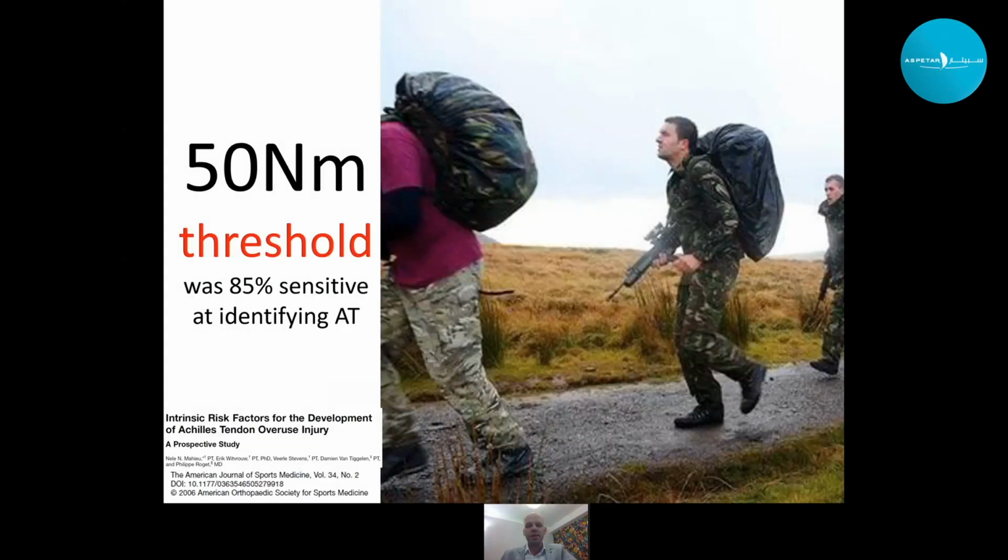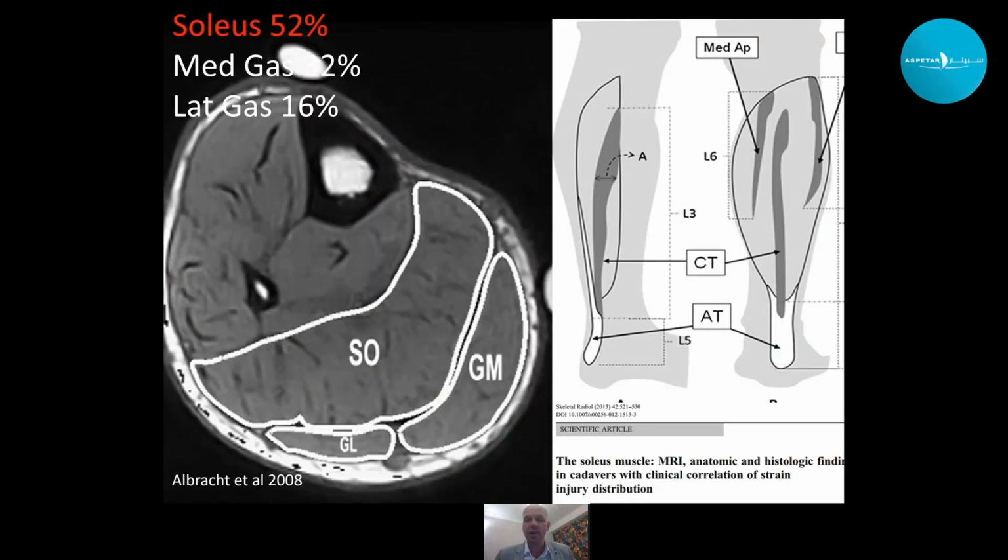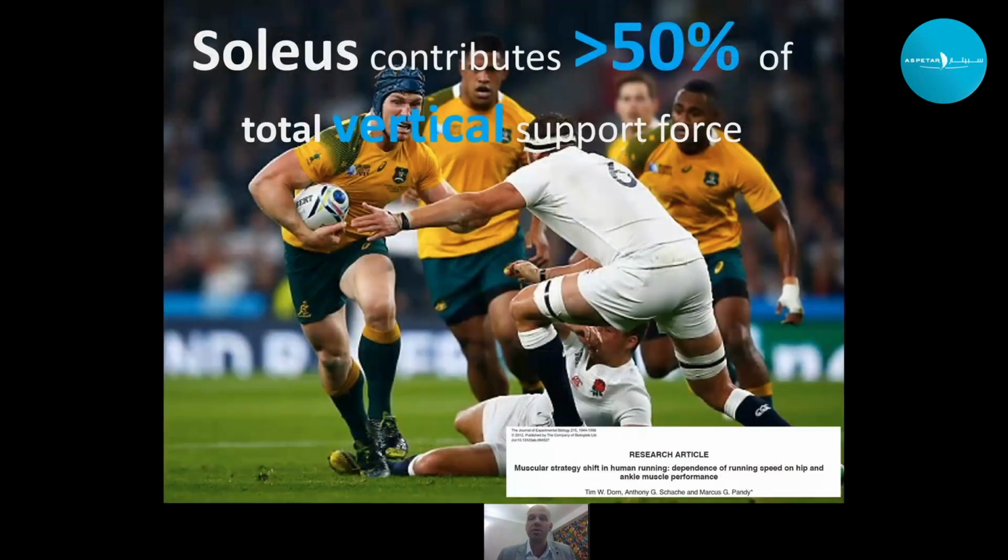Now, when we then come to the muscle and what the muscles do, and this is obviously where my research went, calf strength of below 50 Newton meters is a prospective risk factor identified in army work. We know that when we look at the calf, we want to look at the 2 different muscles, and soleus makes up the majority of the calf muscular complex when it comes to cross-sectional area.